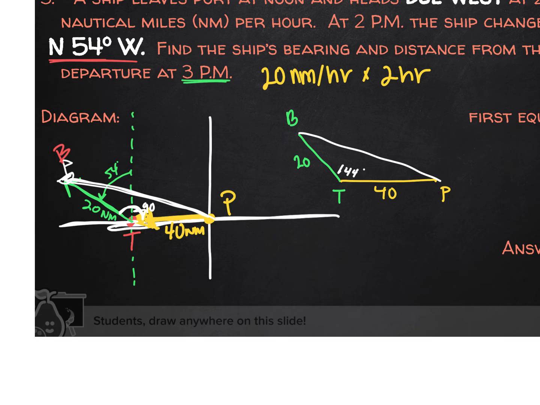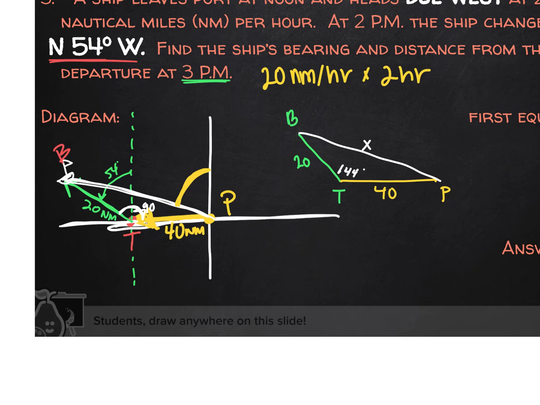The two things we want are how far the ship is, so that's BP, and then the bearing of the ship. You can see it's in the northwest quadrant, so we always do north of west. What we're going to need in the end is this angle, but we're going to use the triangle to figure that out. So let's find the distance first, and then we'll get into the bearing.